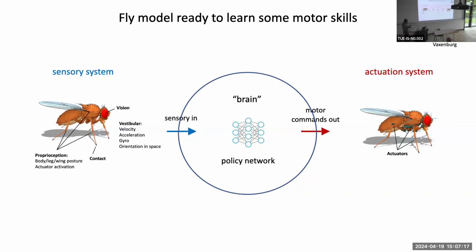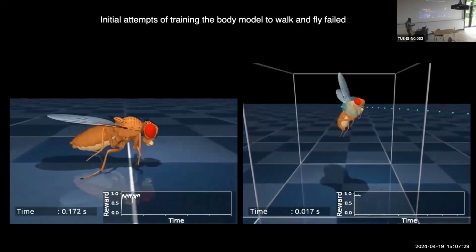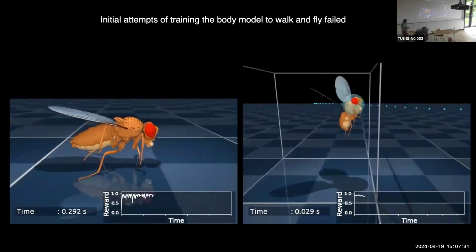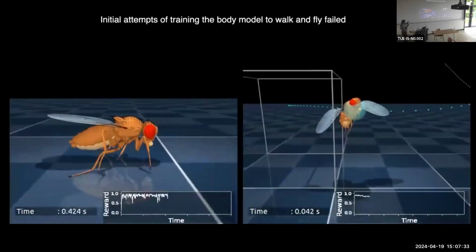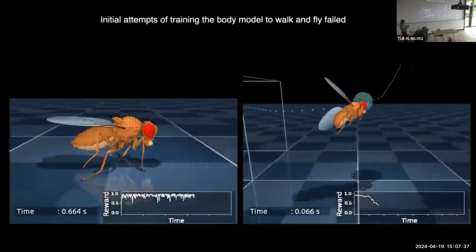And so we asked, rather than using the connectome at this point, just as a proof of concept, can we train an artificial neural network to do this? And this is indeed what we did, using a type of reinforcement learning called imitation learning, and just reinforcement learning, and it was a complete failure.